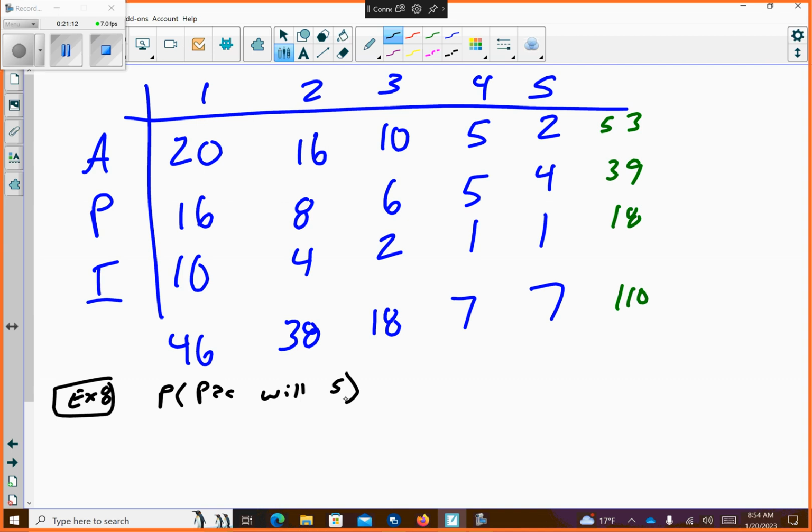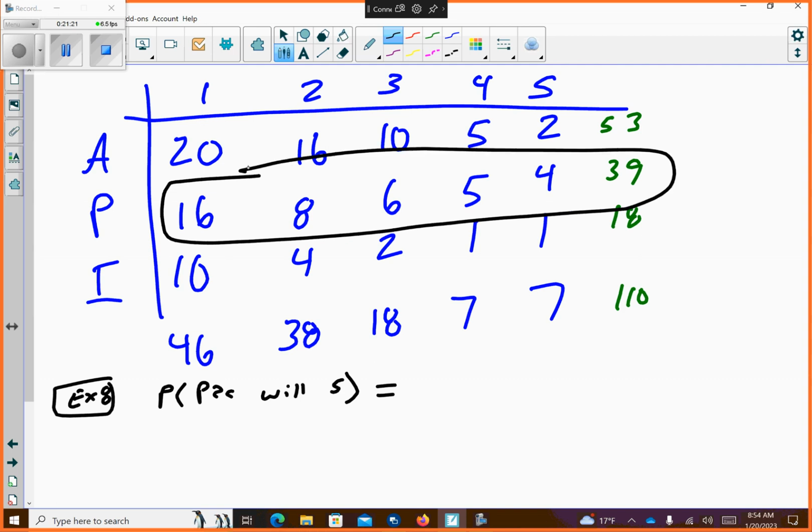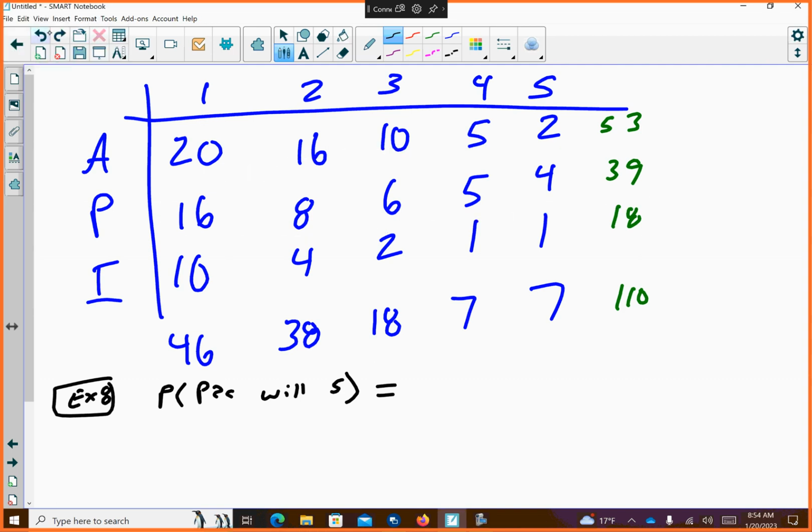What this means is we are worried about this region only in my contingency table. This is dealing solely with this one. I'm not worried about the rest. So I want a Pacific hurricane that is a category 5. How many category 5s fell in the Pacific?